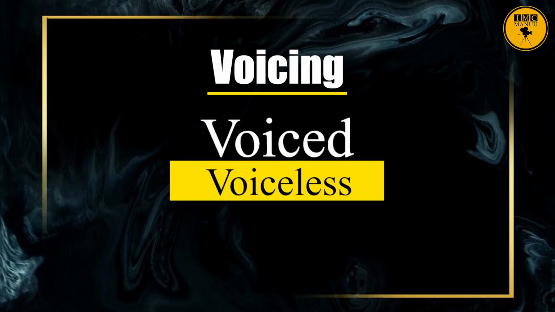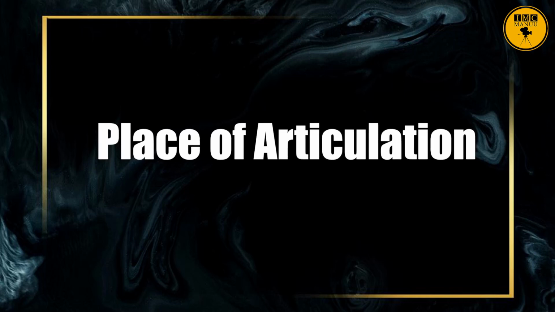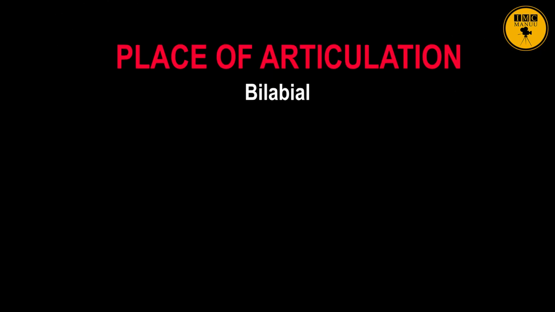In one of the previous classes, we talked about voicing. We learned about the voiced consonants and the voiceless consonants. Then, in the next class, we talked about place of articulation. We learned the 8 places of articulation.